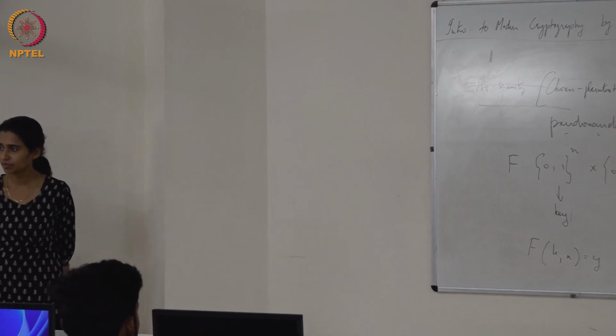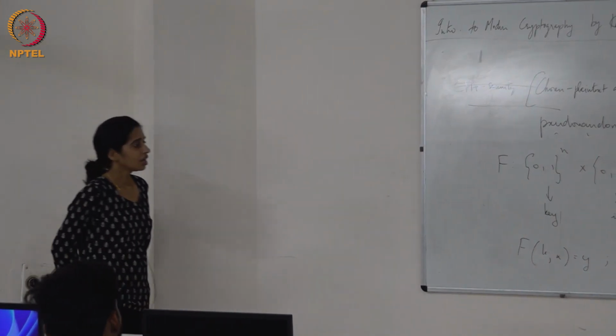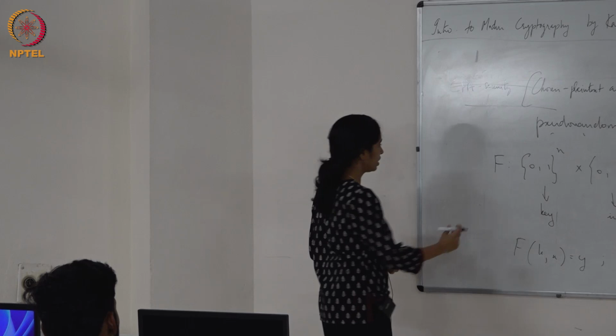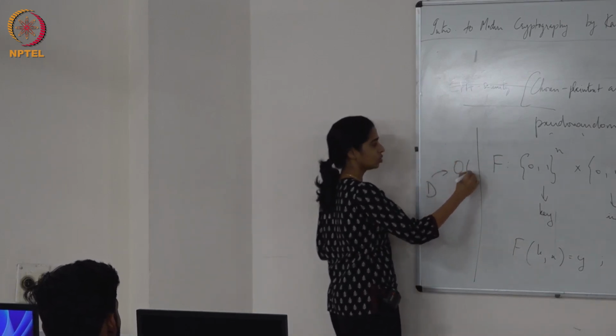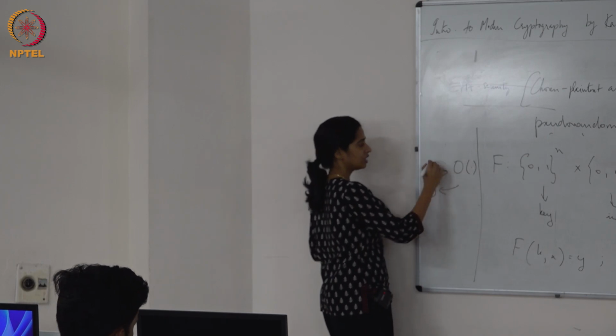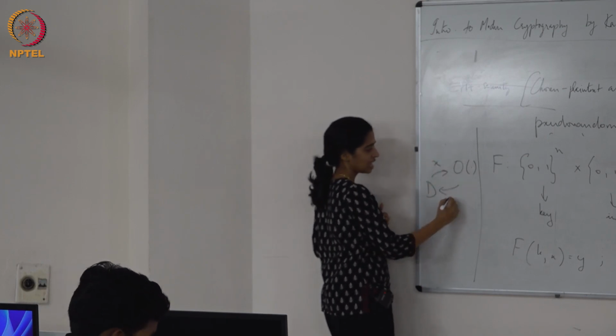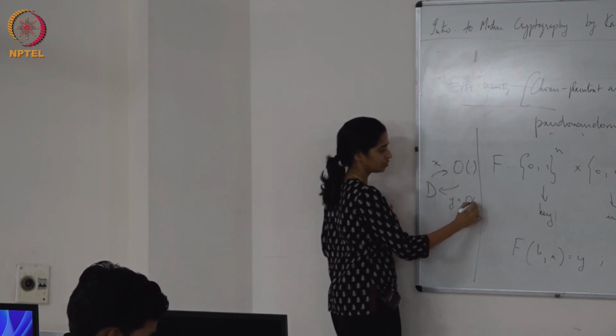Basically, the oracle just gives you a pseudo-random number. So D has access to some oracle O. D will query O on some x and receive y, that is O of x.